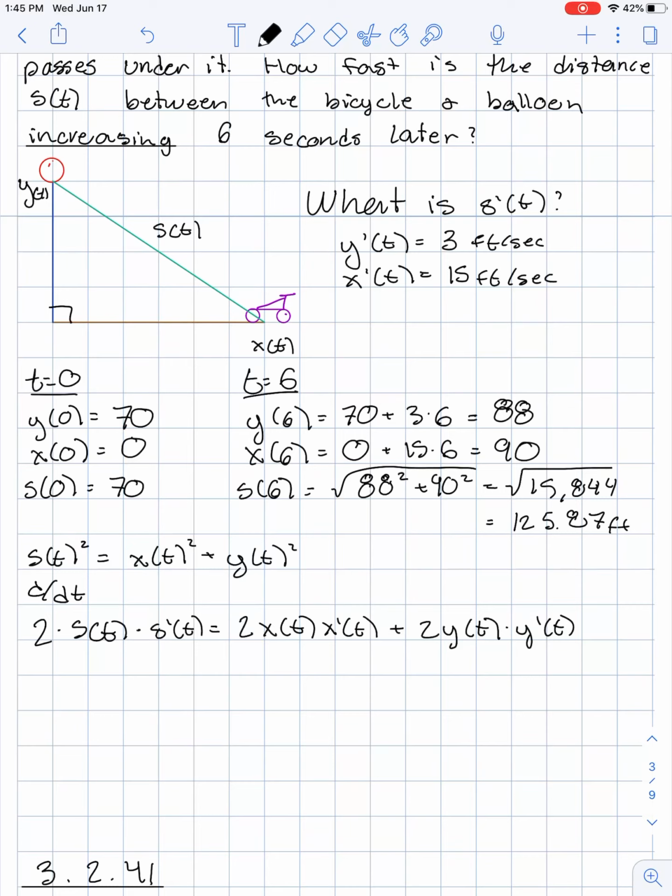If you're confused about how I get this, the 2 comes down. My inside function is s of t, and my outside function is something squared. So 2 s of t is the derivative of the outside with the inside still the same, times the derivative of the inside. And I do that for each term.